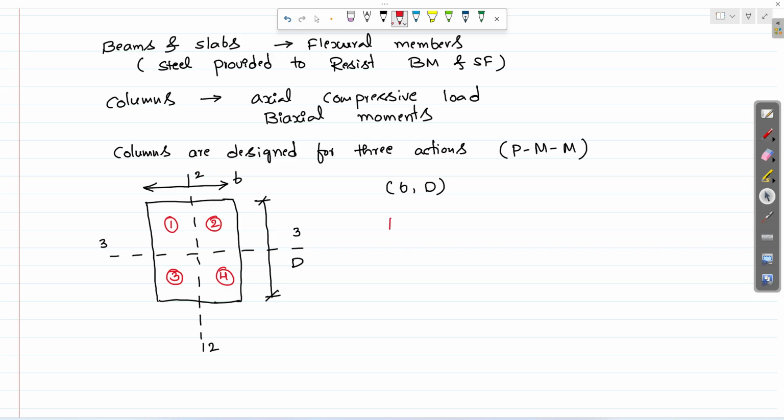So column is subjected to 3 actions: P, M2, M3. P is axial force, M2 is moment about 2 axis, M3 is like this. So this is M3 and this is M2.